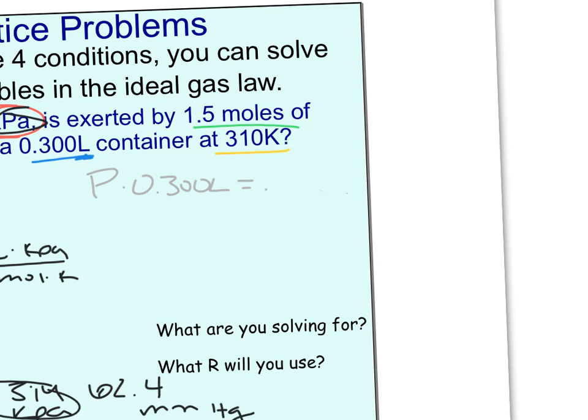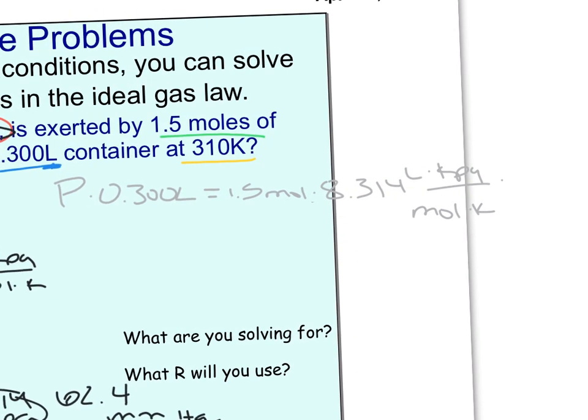I'm going to rewrite this. I'm going to go 1.5 moles times 8.314 liters times kPa over moles times Kelvin times 310 Kelvin. So that's me just plugging in my variables from the other side, okay?